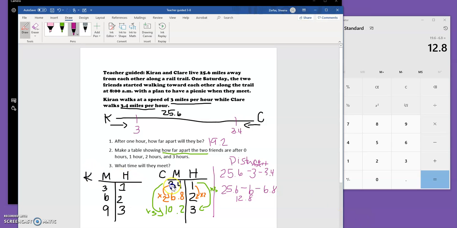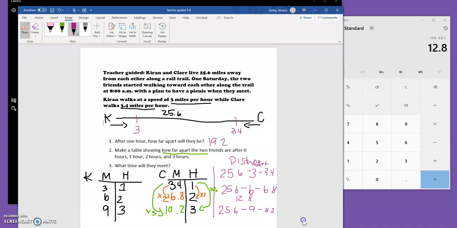For 3 hours, again, the original distance apart is 25.6 miles, minus how far Kieran has walked, so minus 9, and minus how many miles Claire has walked, that's 10.2.